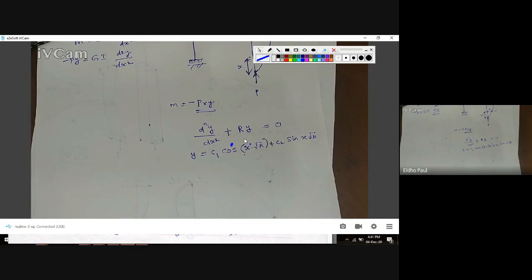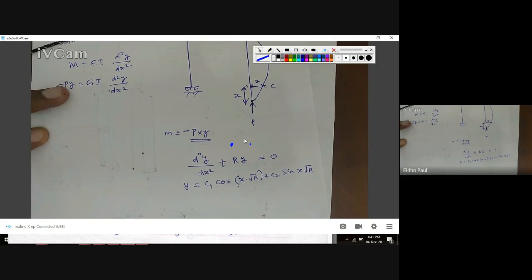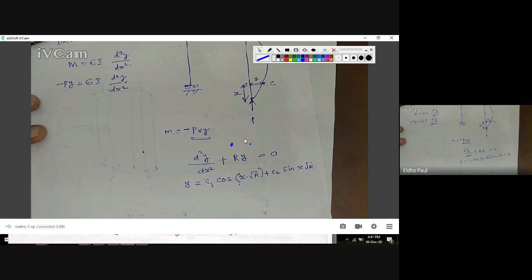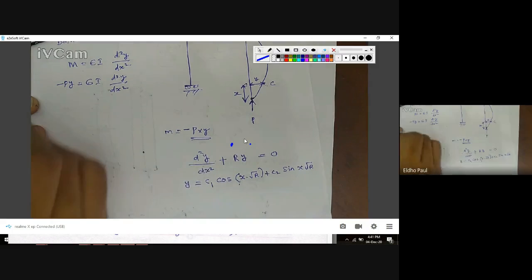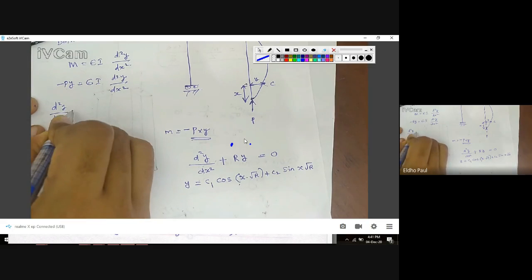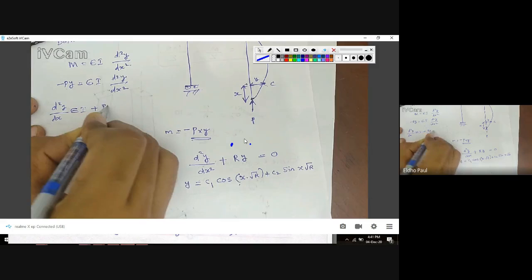Okay. So here we have an almost similar differential equation. We can find the solution of this equation. So first we have to convert this equation to this format. Then only we can find the solution using this solution equation. So next I am going to convert this equation into this format. So this is d square y by dx square into EI plus Py equal to 0.